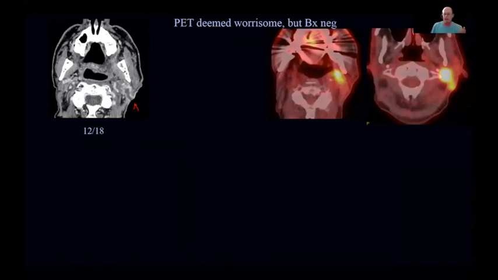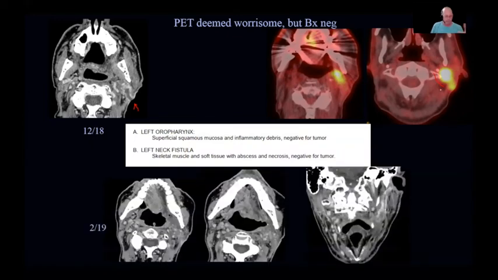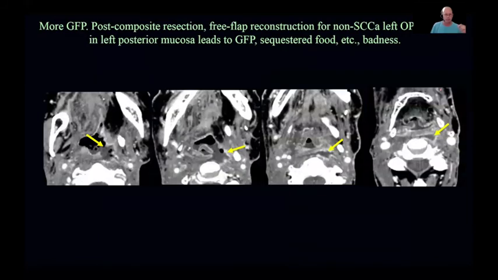And of course, it's hot on PET because it's inflamed or infected because saliva and lunch is in there. So this is a Ginsbergian funk pocket. It required surgery. There was no tumor in there. And eventually healed with a lot of tender loving care and some high-dose oxygen.